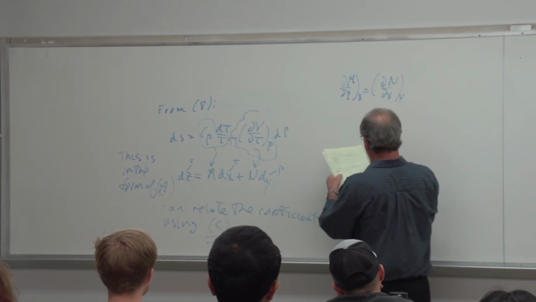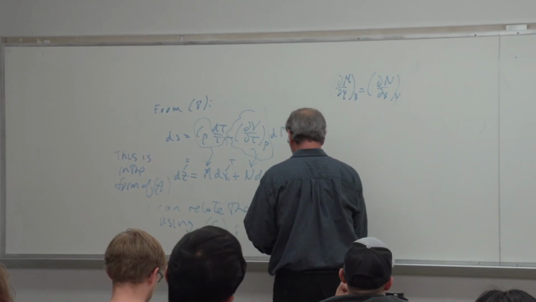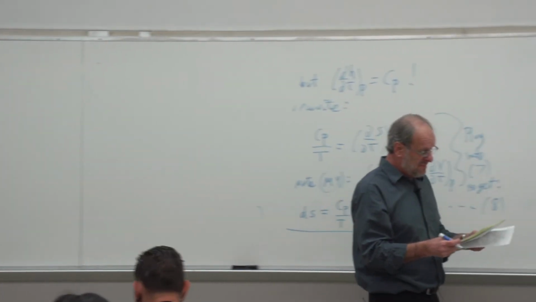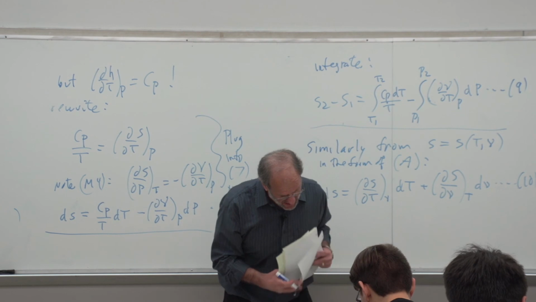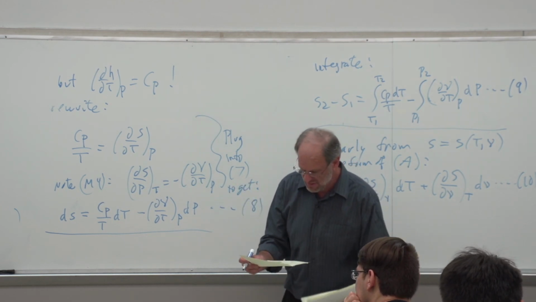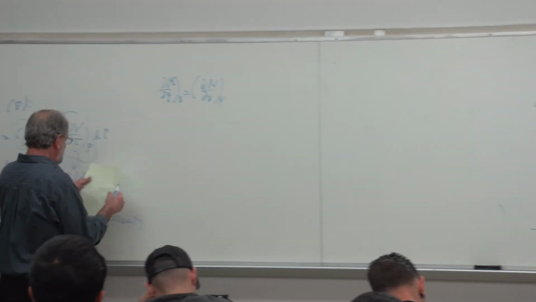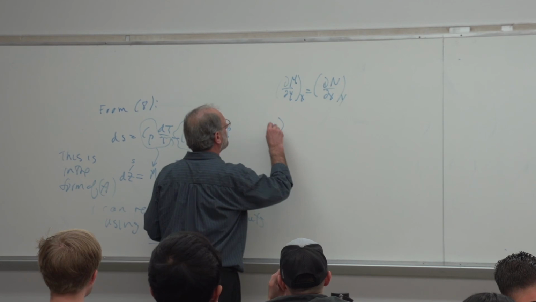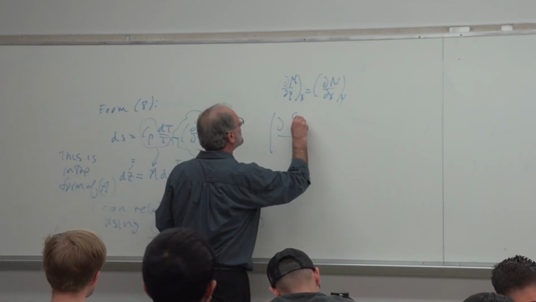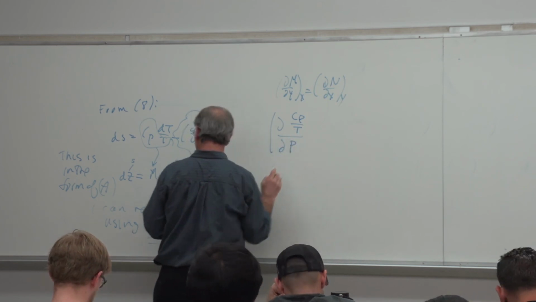My page went away. Okay. So let's rewrite this now. So we have ∂. Now M is Cp over T. So ∂(Cp/T)/∂P.